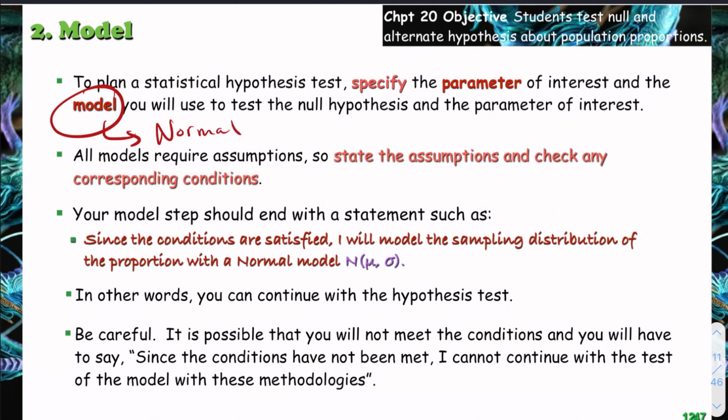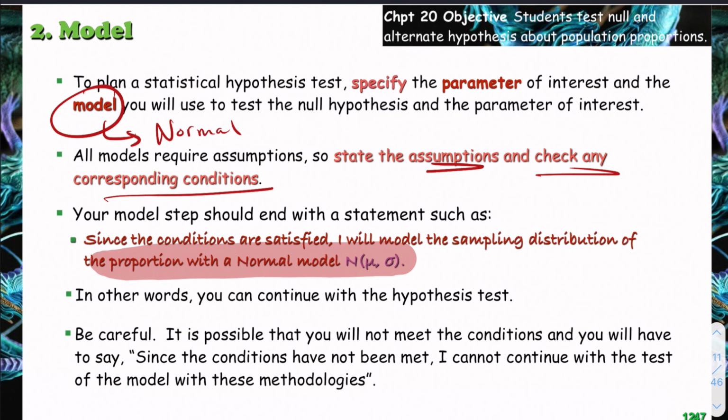So all models require assumptions, so state the assumptions and check any corresponding conditions. Your model step should end with a statement such as, since the conditions are satisfied, I will model the sampling distribution of the proportion with a normal model, because we are going to use a normal model, and then we'll state out the mean and the standard deviation.